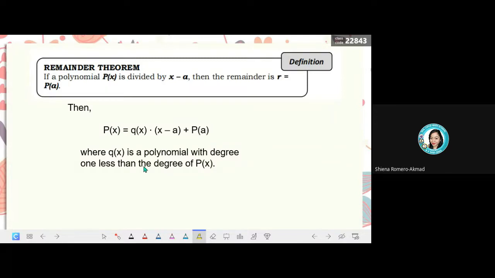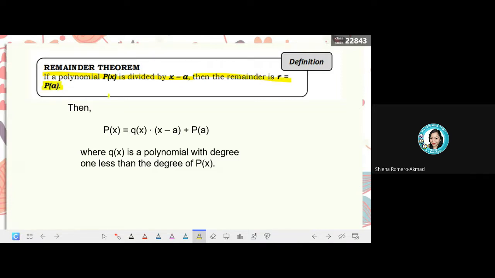Ito naman sa remainder theorem, if you are going to look for the remainder, di ba meron tayong question kanina, ang tinatanong niya, remainder lang. So, pwede tayong mag-synthetic division. Pwede rin naman natin gamitin yung remainder theorem. What does the remainder theorem say? It says that if a polynomial p of x is divided by x minus a, then the remainder is equal to p of a.